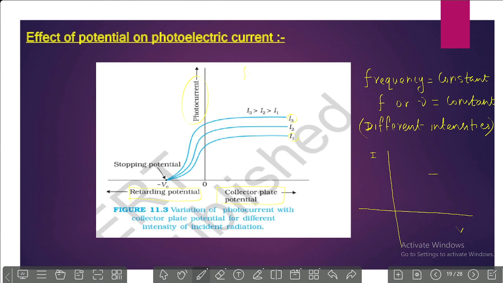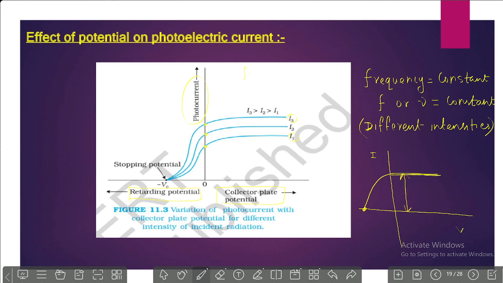Then we observe that photocurrent becomes some saturation value, a different saturation for different intensity. So as intensity increases, saturation current also increases. This is called saturation current.